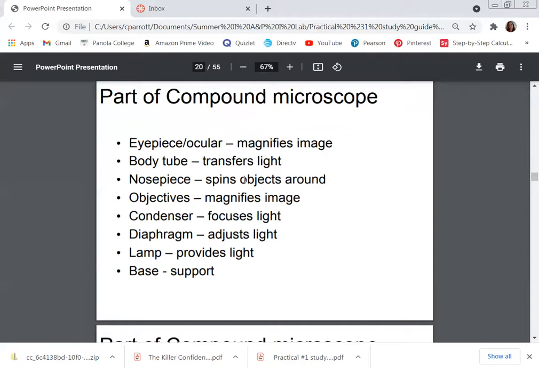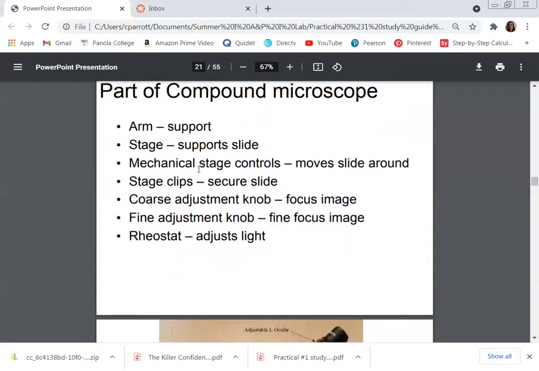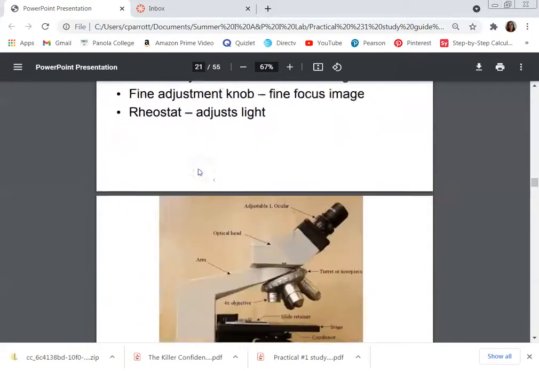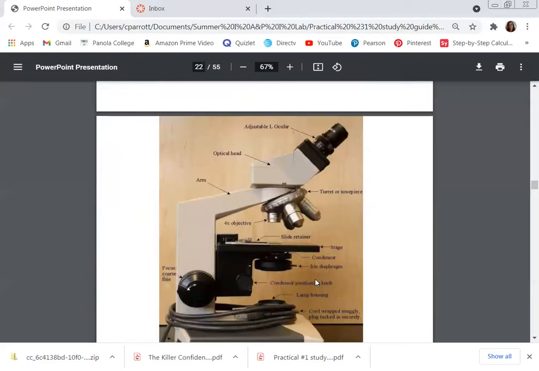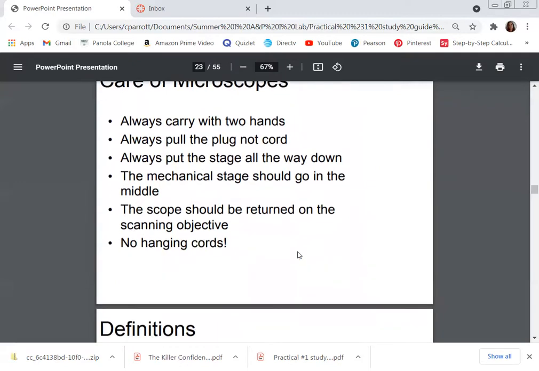There is a video already created about the parts of the microscope and the function. So I'm not going to go into details with that here, but I will put that video into your Practical 1 module. Here are some more parts and functions of the compound microscope. And here is an image here where it's pointing to each of these parts. Again, that is in that video.